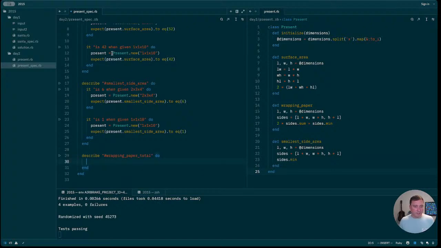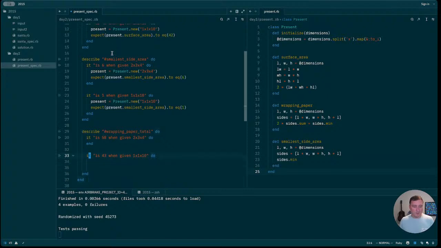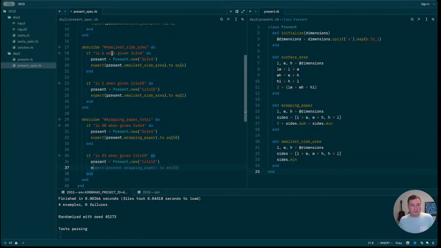And let's say it is 58 when given 2 by 3 by 4, and it is 43 when given 1 by 1 by 10, and present equals Present.new, expect present on wrapping paper to equal 58, and that, expect, and here we go.